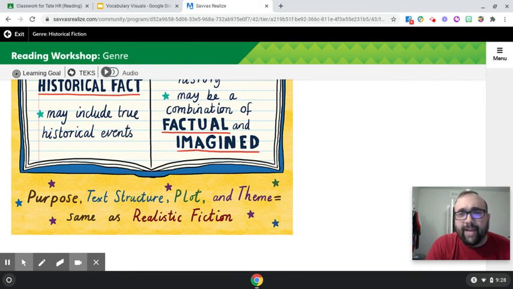I could write a story about the time of Stephen F. Austin, and I could add characters in that never existed, but who help make my story really entertaining. But it would no longer be history, it would be a historical fiction. So, notice purpose, text structure, plot, and theme are the same as realistic fiction. So, this is going to be very similar to realistic fiction.